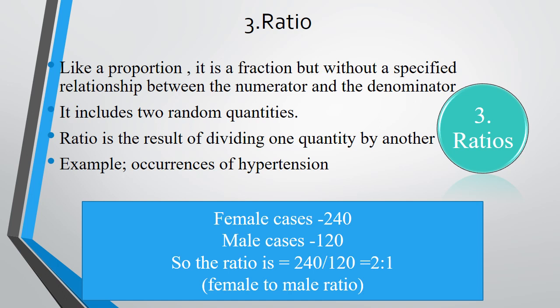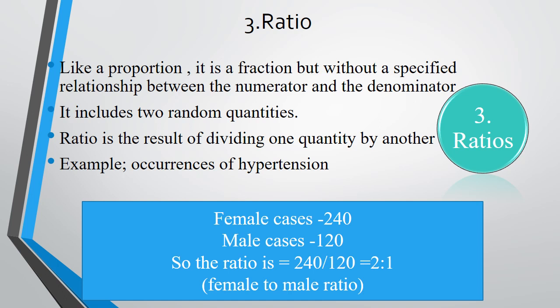But in a ratio there is no relationship between numerator and denominator. It includes two random quantities, meaning different quantities, for example female cases and male cases. Ratio is the result of dividing one quantity by another. An example is the occurrence of hypertension.